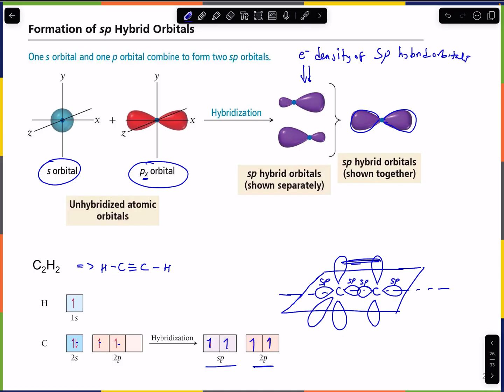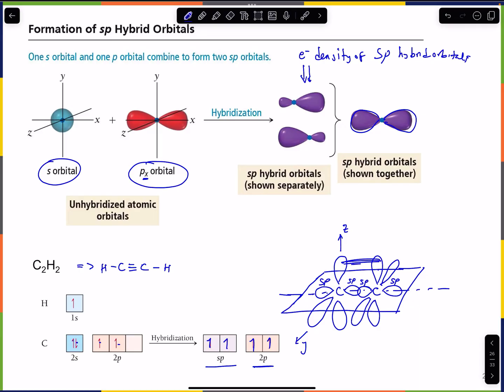Let's call this the z-axis, and let's call this the y-axis. So we have unhybridized orbitals on the z and the y-axis for the two of them. This carbon also has this py orbital. It's getting kind of weird now to represent this.